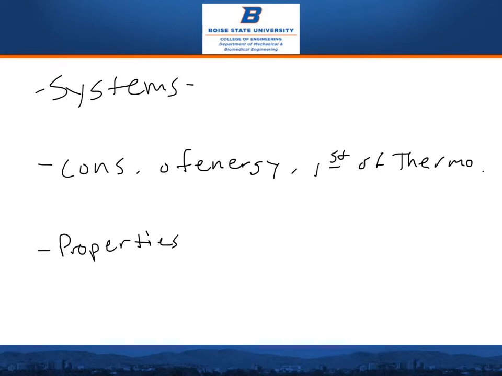So we divided things up into a couple different types: closed systems and open systems. In a closed system, there is no mass transfer, but energy can transfer back and forth.